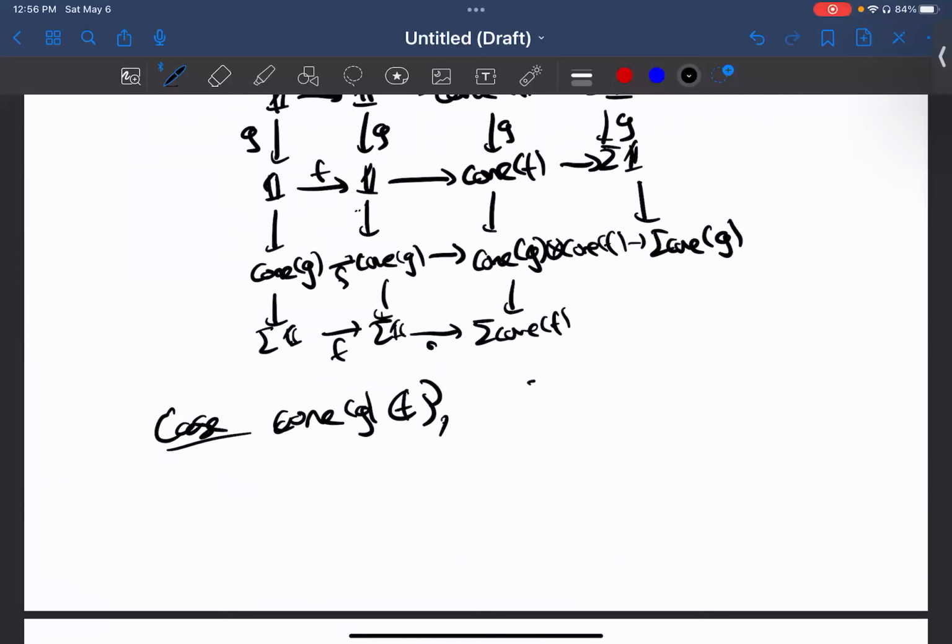Let's look at the map from K to K mod P. Then cone of F goes to something non-zero. Cone of G goes to something non-zero.